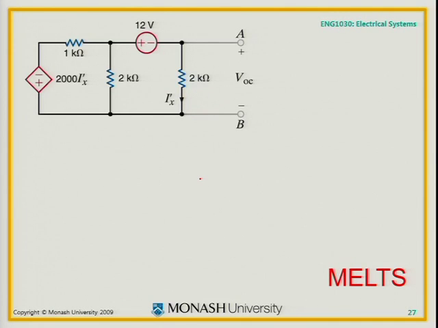At this point, nothing to do with Thevenin as such. Circuit analysis, find a voltage in a circuit. You can use mesh analysis, loop analysis, or nodal analysis, or perhaps mesh analysis, as there are just two meshes there. Find the mesh currents and then you can find VOC in reasonably straightforward fashion.